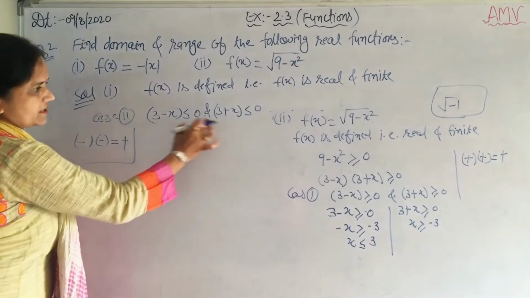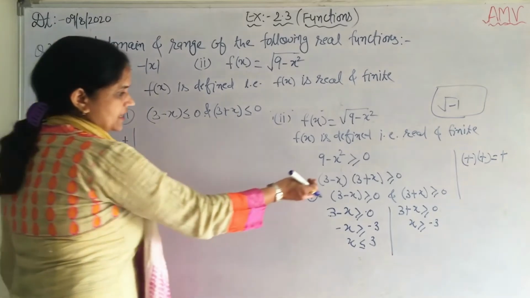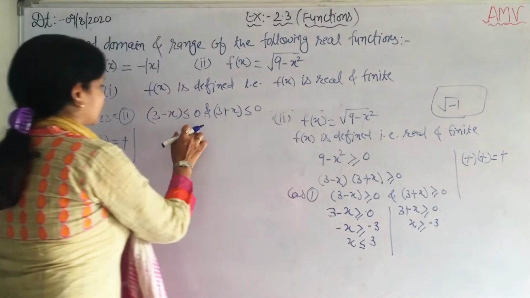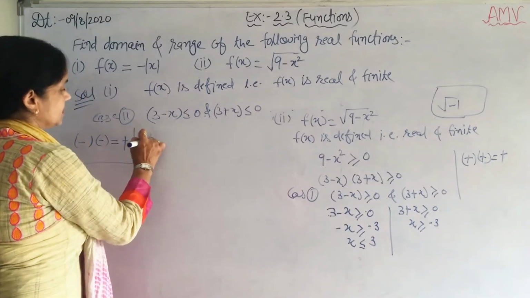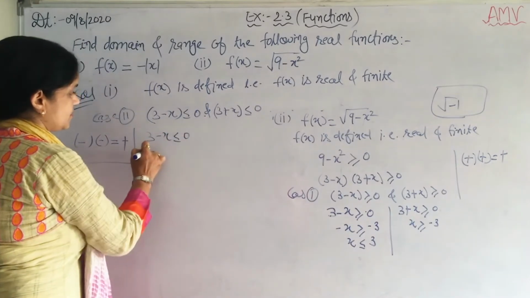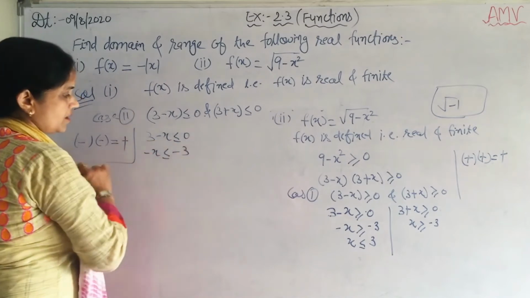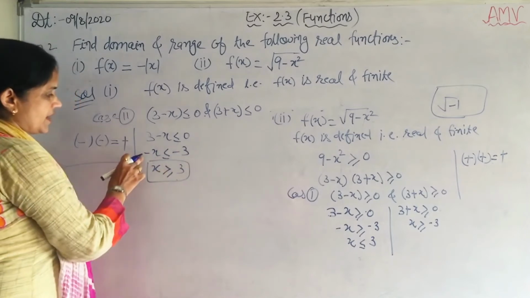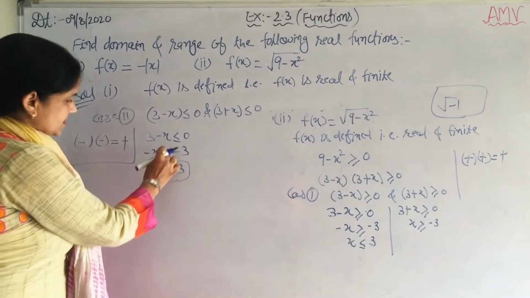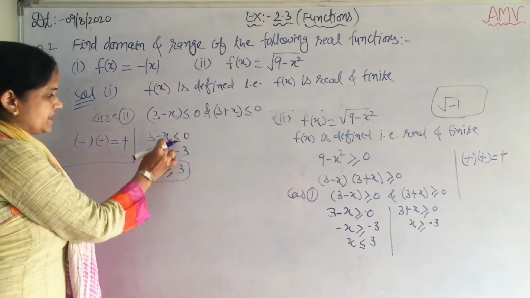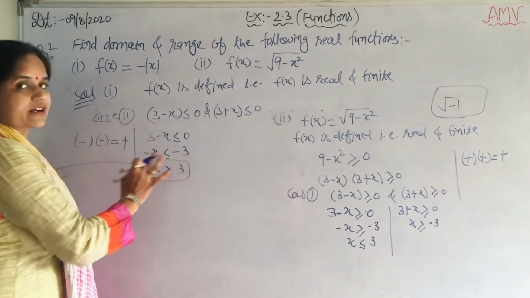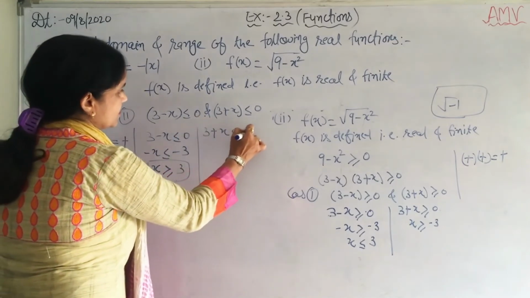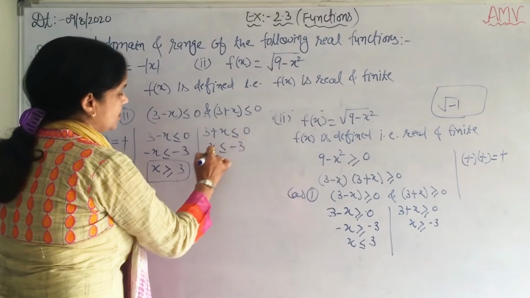Okay, it is the product of two factors. If both factors are negative, then their product gives the positive value. Okay, so from here 3 minus x less than or equal to 0, minus x less than or equal to minus 3 and x greater than or equal to 3. Okay, when we remove the minus sign, this sign will change. Okay, it is inequality. In an equation it is not like this. Here 3 plus x less than or equal to 0, so x is less than or equal to minus 3.